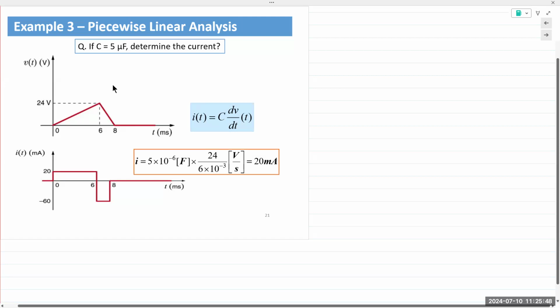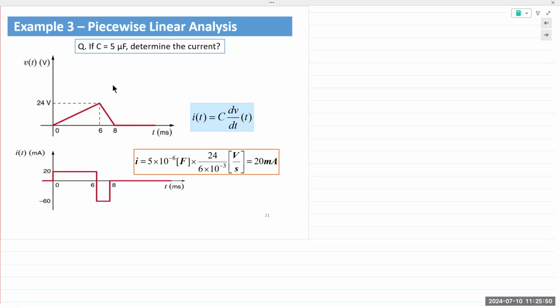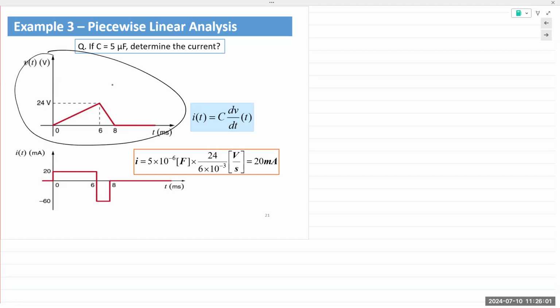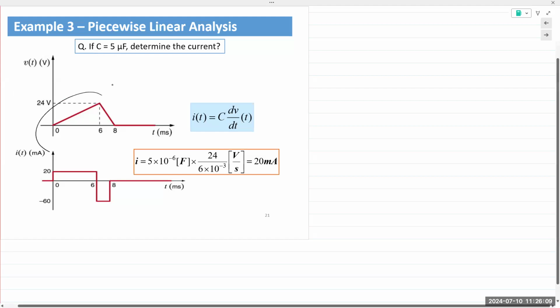And each piece has a linear relationship with time. So here we are given the voltage for the capacitor in graphical form. We cannot use any equation to directly describe this voltage.